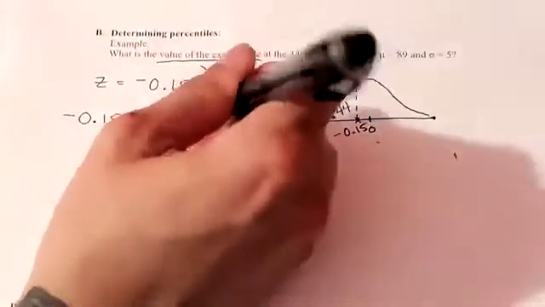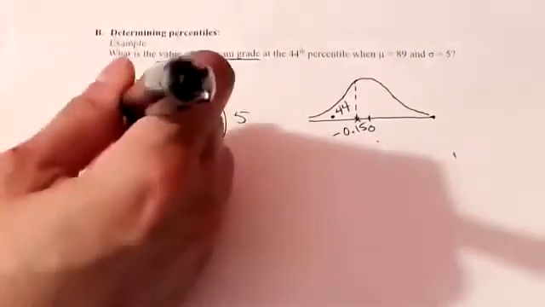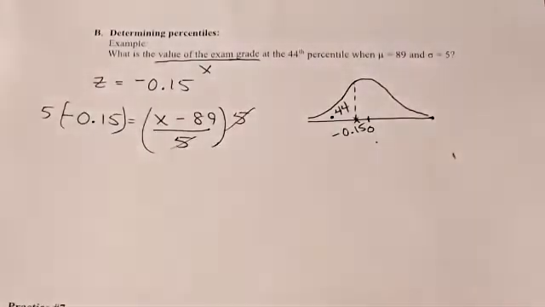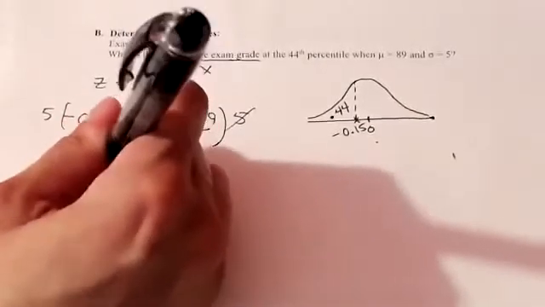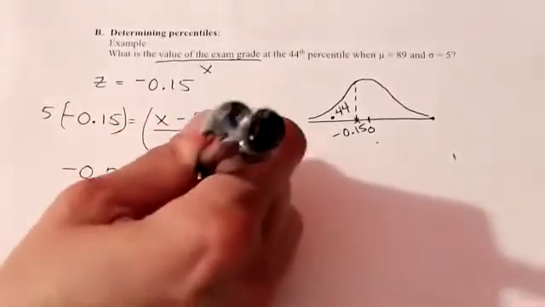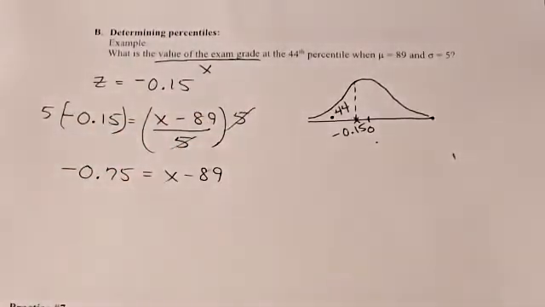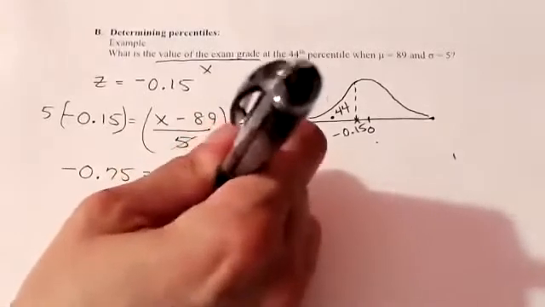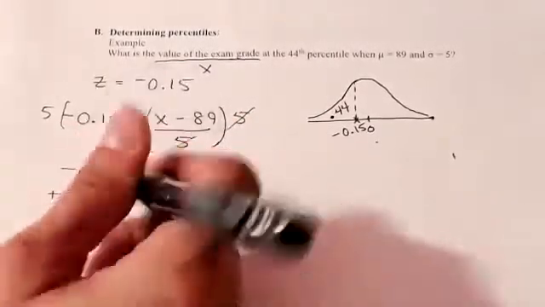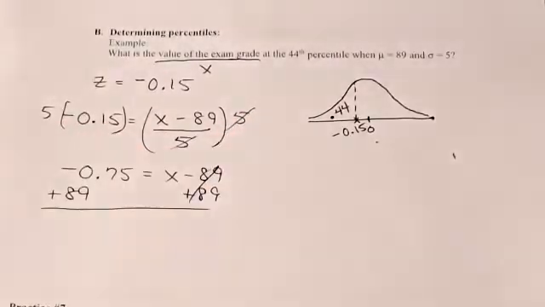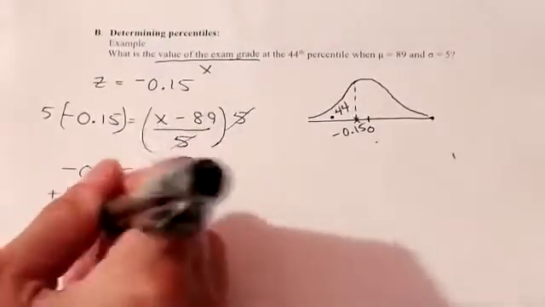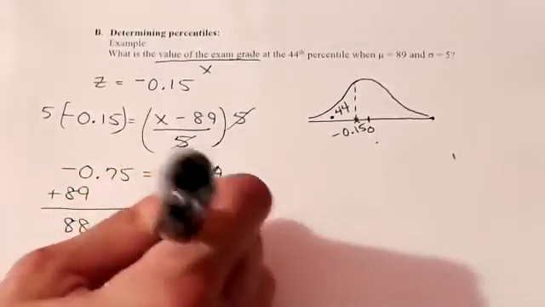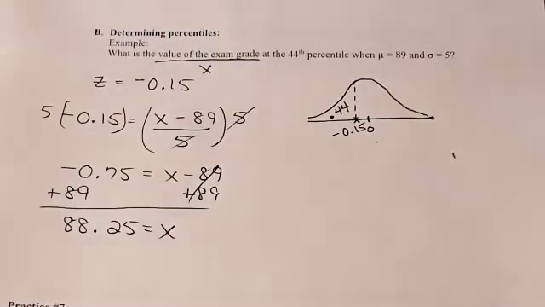We're going to multiply both sides by 5. Notice the 5s cancel. That gives us a negative 0.75 is equal to x minus 89. And then, of course, add the 89. When you punch this into your calculators, you should get 88.25 as your value for x.